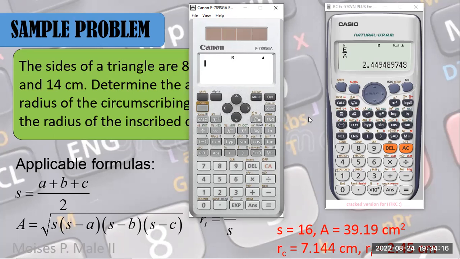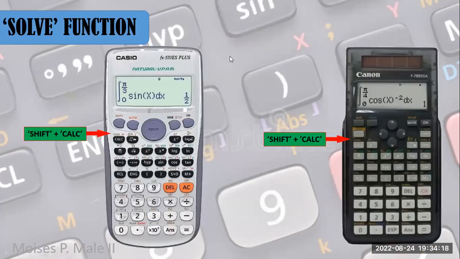Okay, so let's try another function. Okay, the solve function, or yung ginagamit natin shift calc or shift solve. Pareho lang yan. Okay. So, ang ginagawa ng shift solve is kinukuha niyo yung value ng X which will satisfy the equation, no?